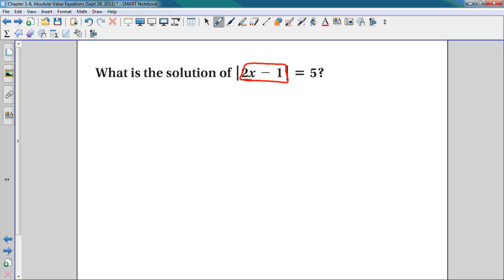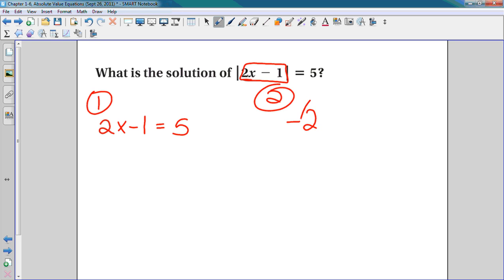Case 1, we'll say, is the positive version. 2x minus 1 equals 5. Case 2, we're going to say, okay, 2x minus 1 would be the negative version. I'm negating one side and keeping 5 positive, because we know there's a negative answer and a positive answer that are possible. So we have to solve both equations.